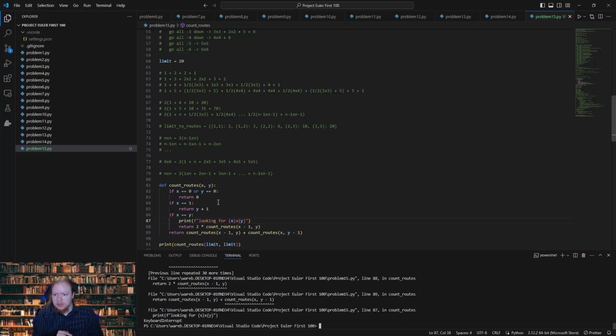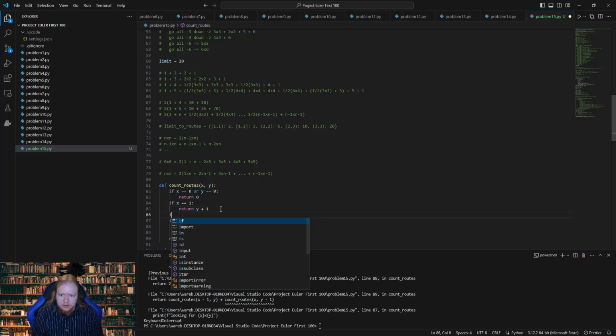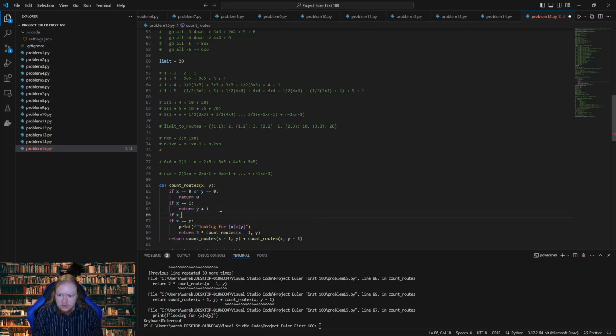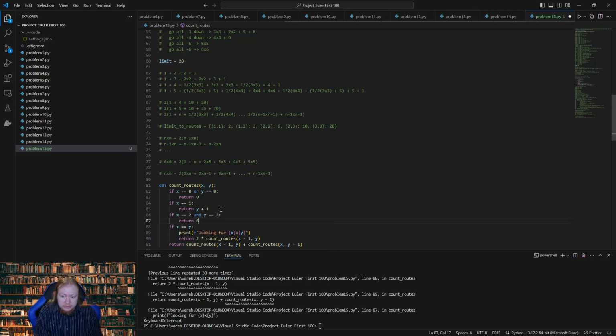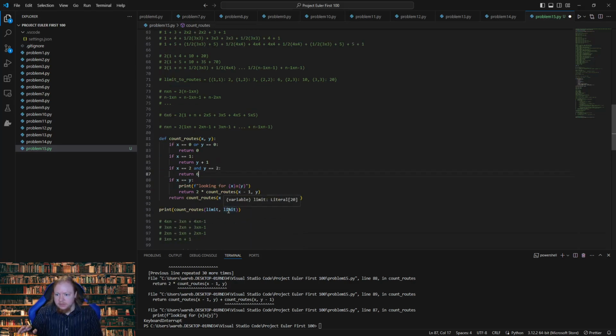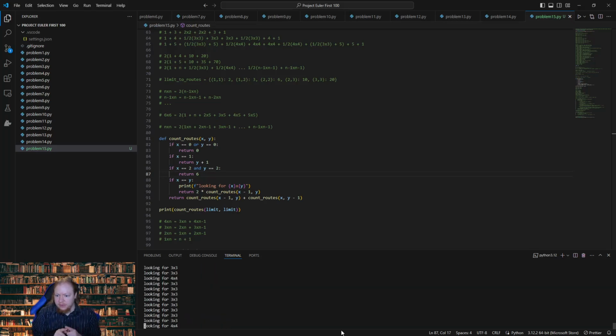Let's go ahead and build in a special case just for 2x2. If x equals 2 and y equals 2, return 6. Kind of cheating for the smallest of cases, but let's see how well that turns out for us here.